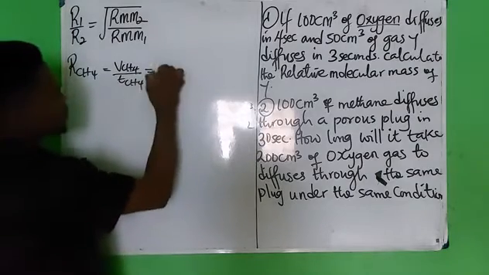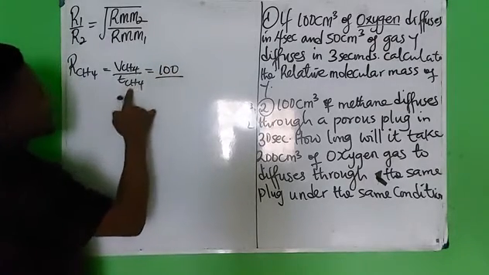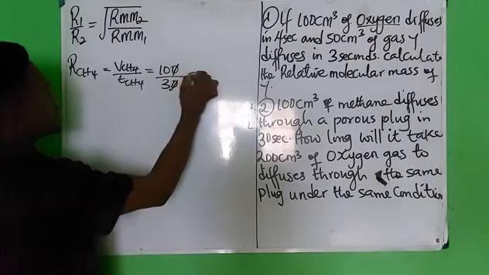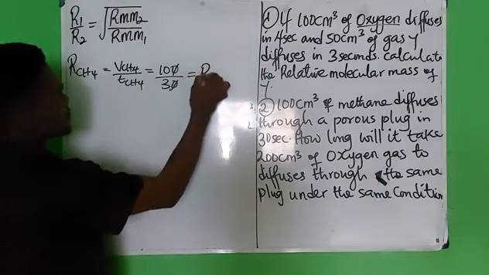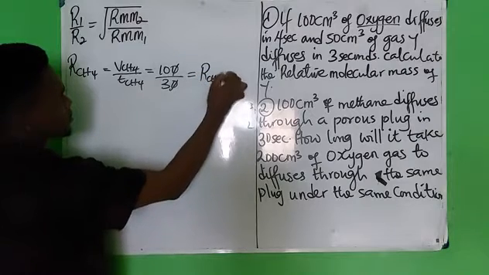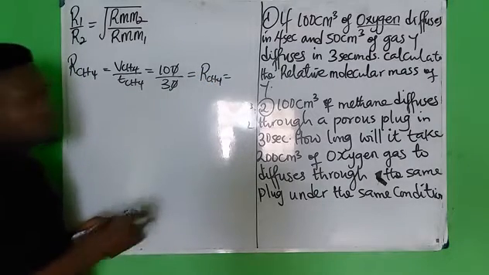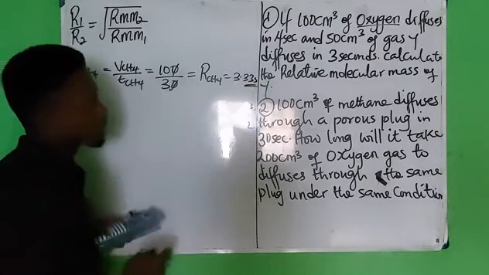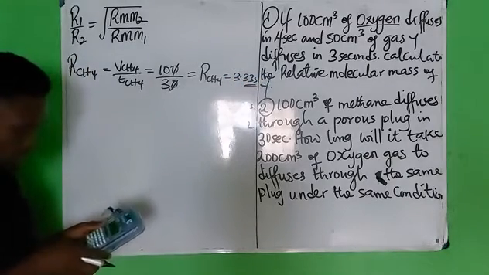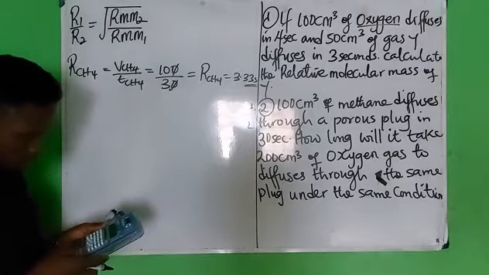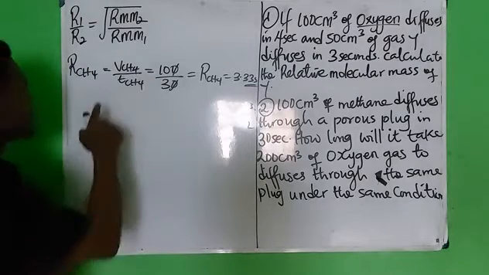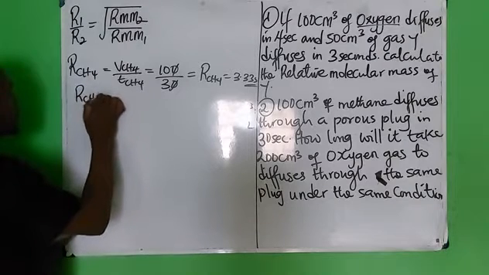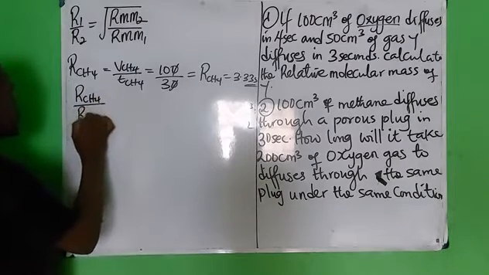Volume of methane given is 100. The time given is 30. So the rate of methane is 3.33 cm cube per second, because 100 divided by 30 is 3.33.